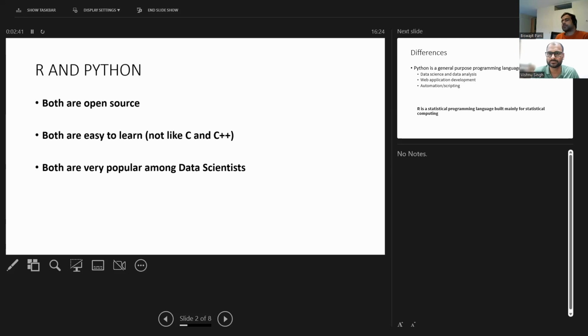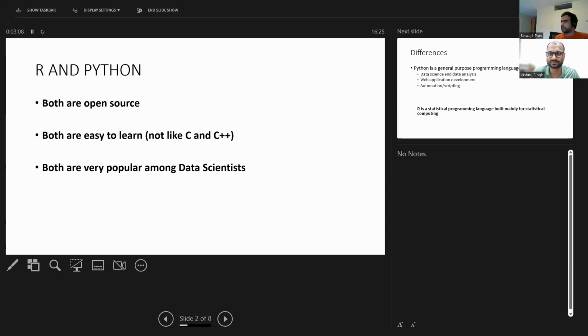I also feel that both are easy to learn, actually. Now, what is easy is a bit subjective. To me, I think very subjective. For some people, probably one language may be easier than the other. But I think all the high-level languages are easier to learn, and compared to languages like C and C++, R and Python both are easier.